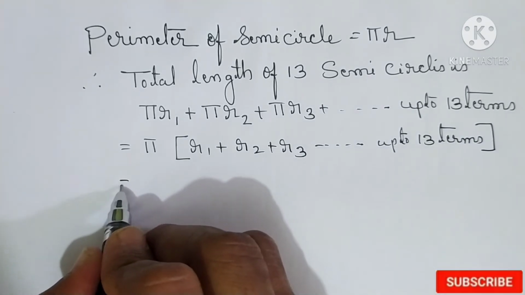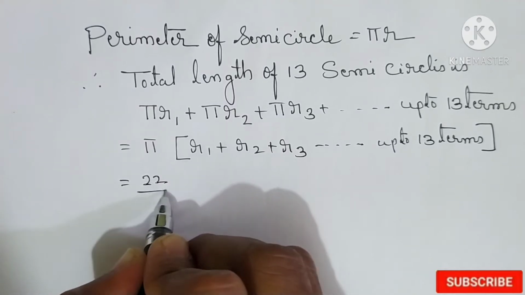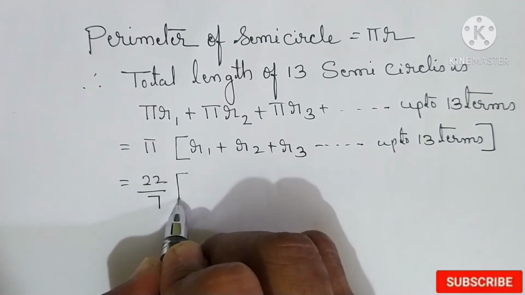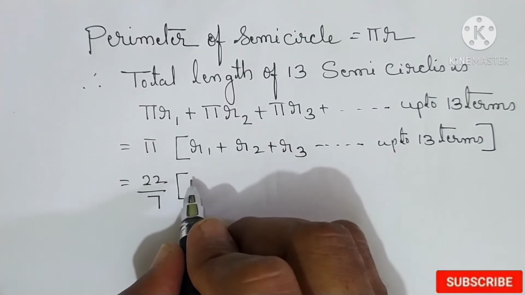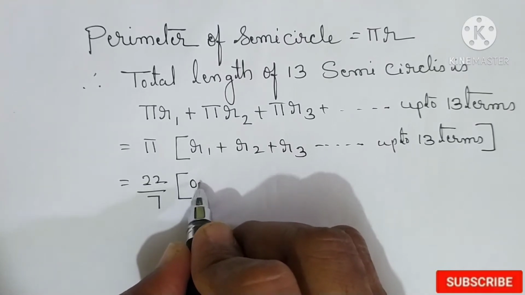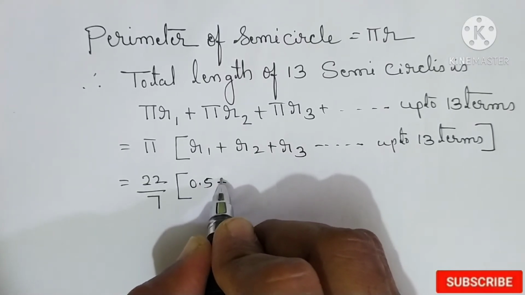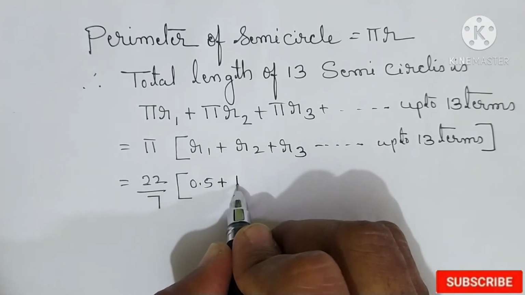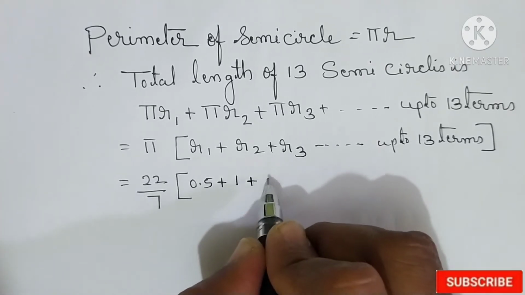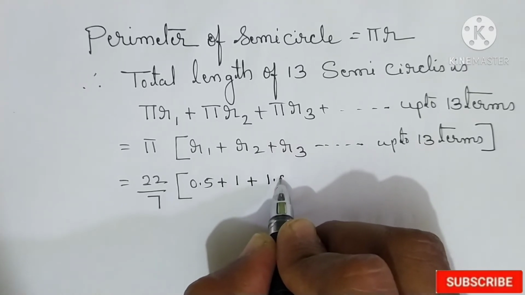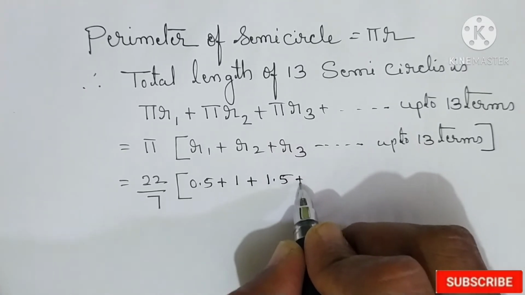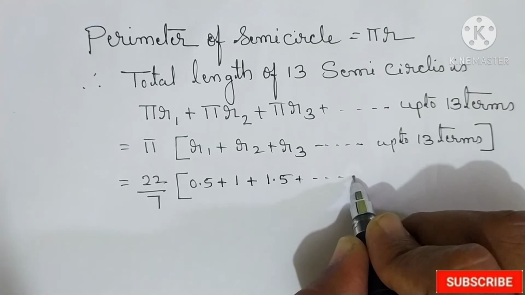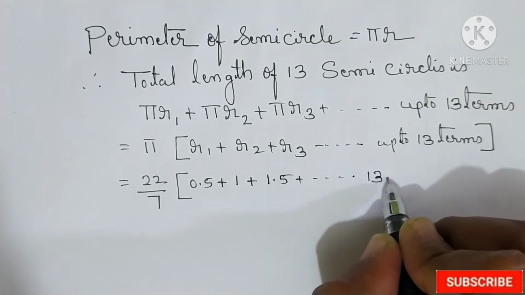The value of pi we should take is 22/7. In the first semicircle the radius is 0.5 centimeter, the second semicircle radius is 1 centimeter, the third semicircle radius is 1.5 centimeter, and so on up to 13 terms.